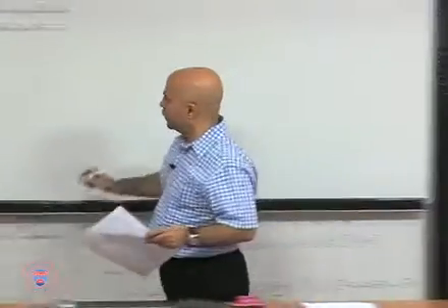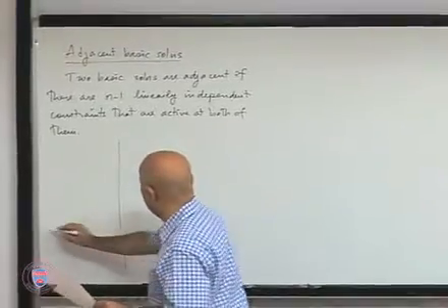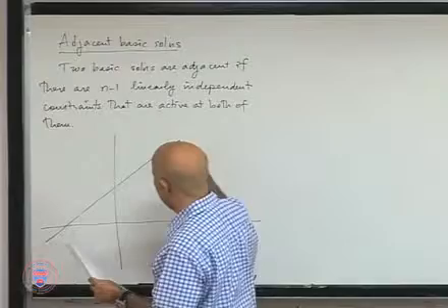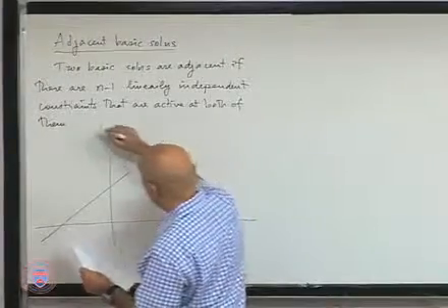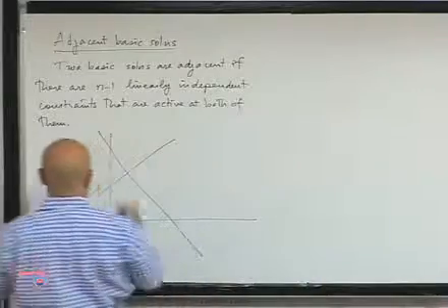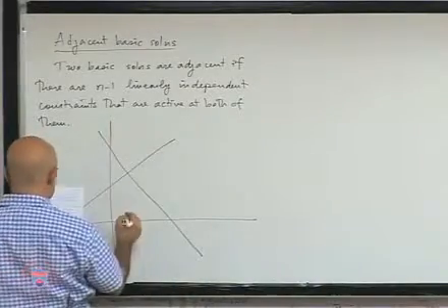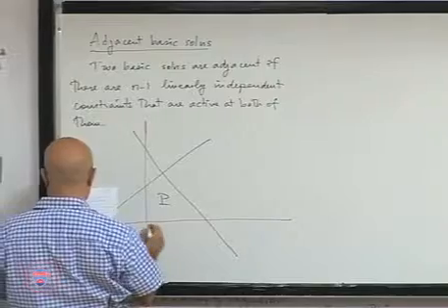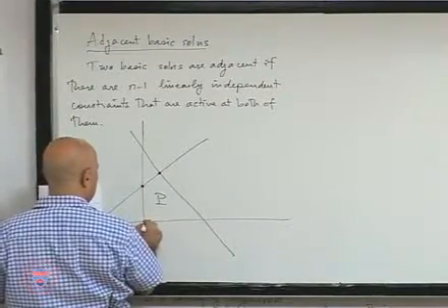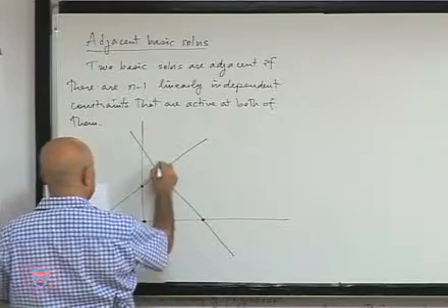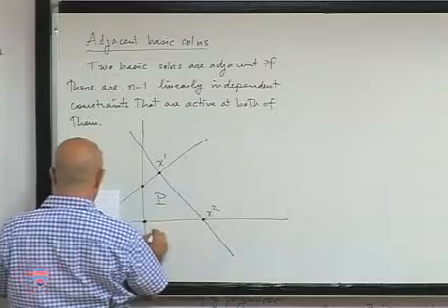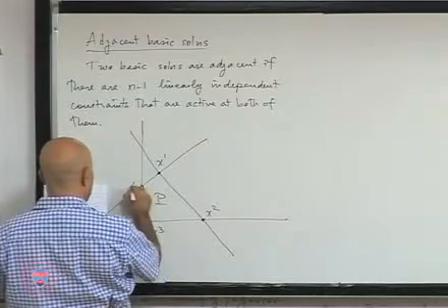Here's an example. I keep using the same example, but it works fine. Okay? So P is here. Let me call these points x1, x2, x3, x4.